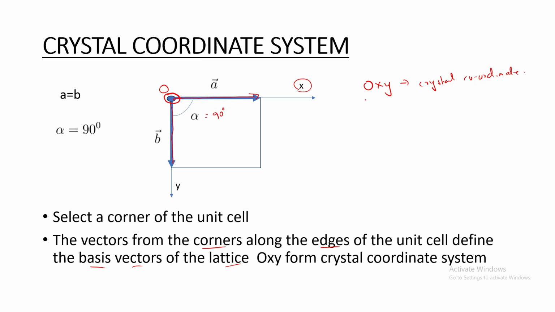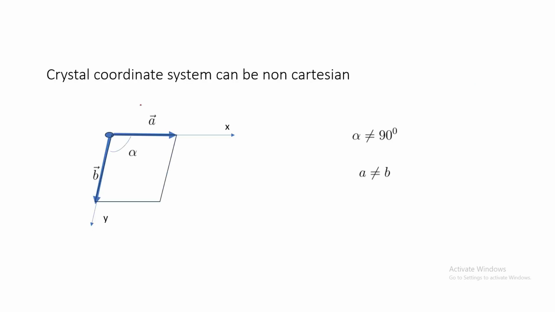Now let us look at another crystal coordinate system. In the earlier coordinate system, we have seen that alpha is equal to 90 degrees, but this is not always the case. If you take a unit cell like this and draw the vectors like this, A and B, you can see that this is the x-axis in this coordinate system and this is the y-axis. So these can be non-Cartesian.